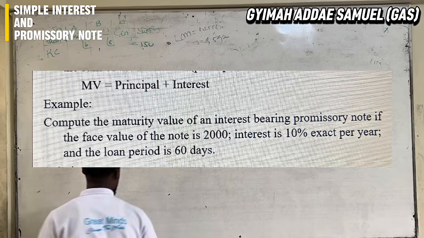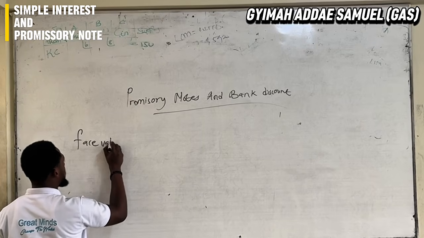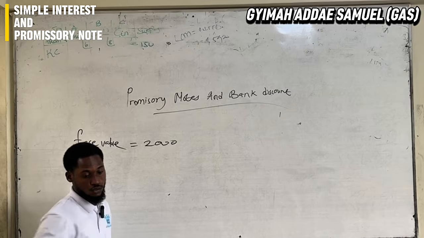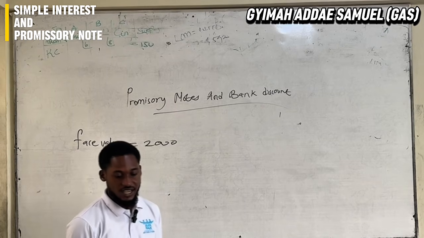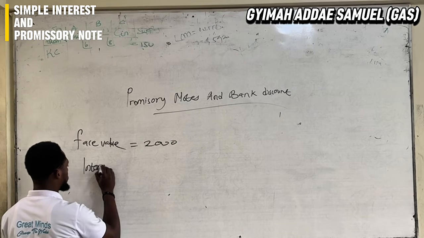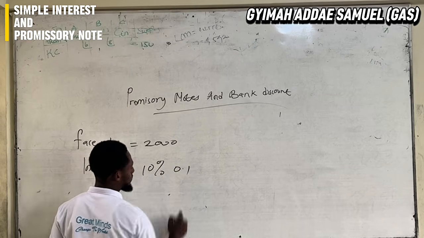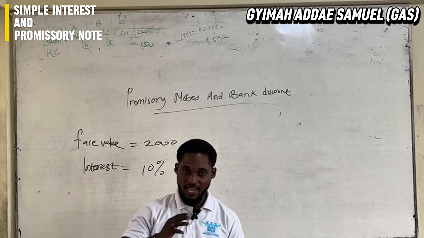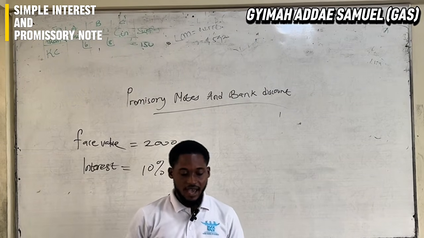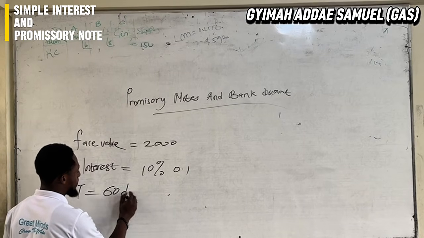The face value is the same as the principal. Interest is 10% exact per year, and the loan period is 60 days, which is the time.